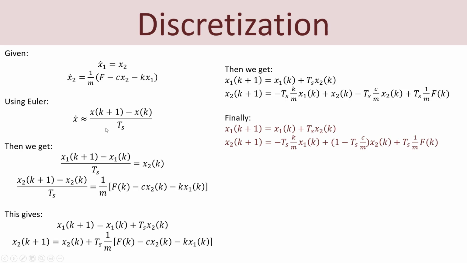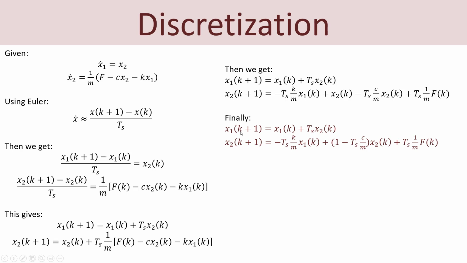So if we take this approximation and replace the derivative of x1 and x2 with this approximation, we will get the following system. And let's just make it a little bit cleaner. Then we end up with the final discrete system of this mass spring damper system.